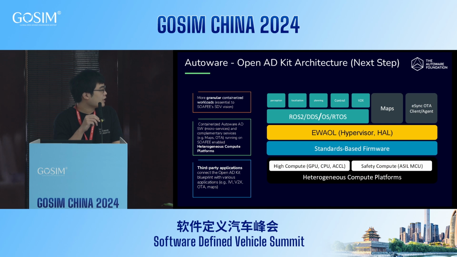Additionally, we are also trying to deploy this against heterogeneous compute platforms, where we have high compute ECUs and safety compute systems to run the real-time operation of controls, to make sure that we have safety control of the vehicle.